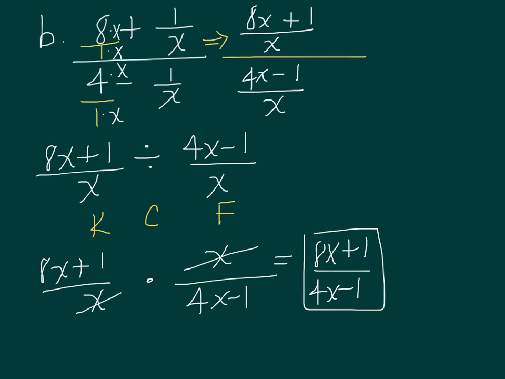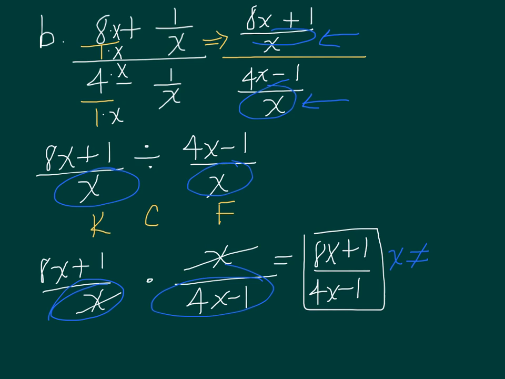All right, your restrictions. Let's see, where did we have a variable in the denominator? We have one here, here. These two were already counted for. All right, so x cannot equal, on all these places where it's just x by itself, that would be 0.